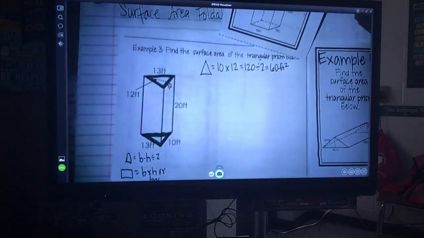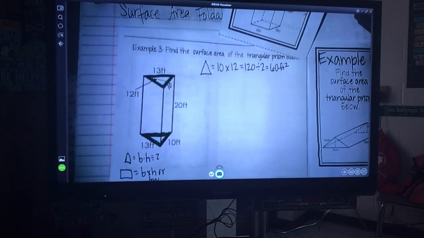That's technically the 7th grade way that I'm supposed to teach you: half the base times the height. I just don't teach the 7th grade way because we've heard base times height divided by 2 so much. It's just a lot more comfortable for us. But your 7th grade teacher will appreciate that you know that.